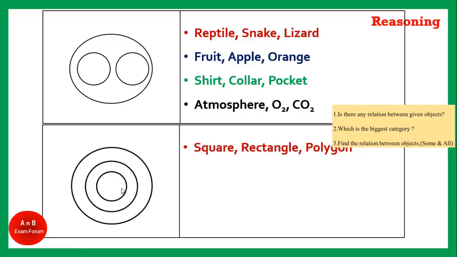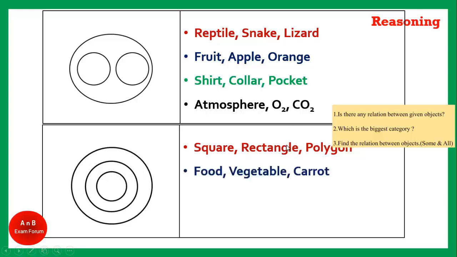A rectangle also has 4 sides, but the opposite sides of a rectangle are parallel to each other. In a square all sides are equal, while in a rectangle only opposite sides are equal. So all squares are rectangles, but all rectangles are not squares. This concentric circle represents this type of category.